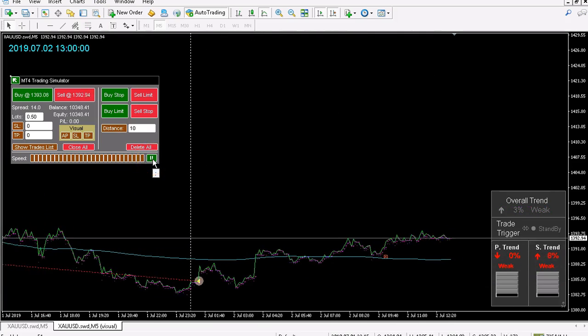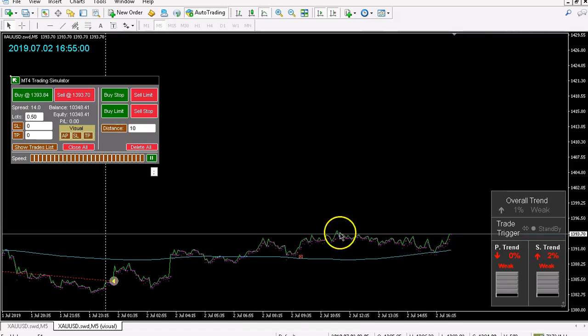Continue with the next day, and here's just something else I want to point out. This is where most systems actually fall down, is they take a lot of trades, and it takes trades where the market is actually flat, and you can see the market's quite flat here.